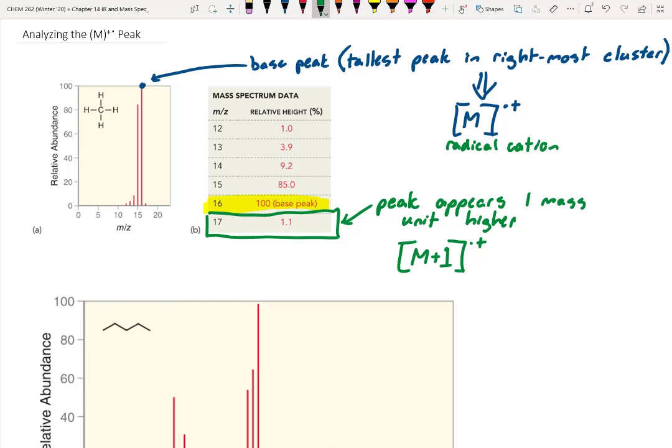Does anybody have an idea for why we might have this? I'll give you a hint, we just talked about it. Isotopes, right? Not all carbon is carbon-12, right? So over here, this is due to our carbon-13 isotope.